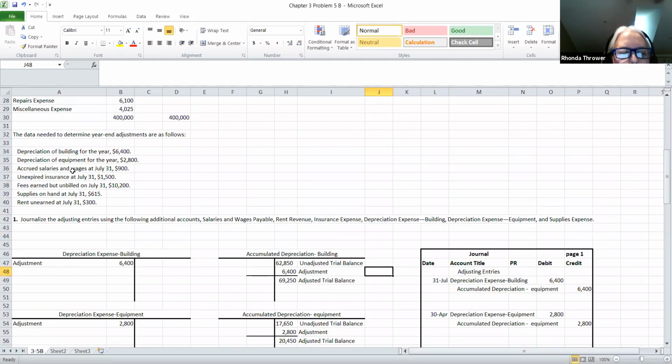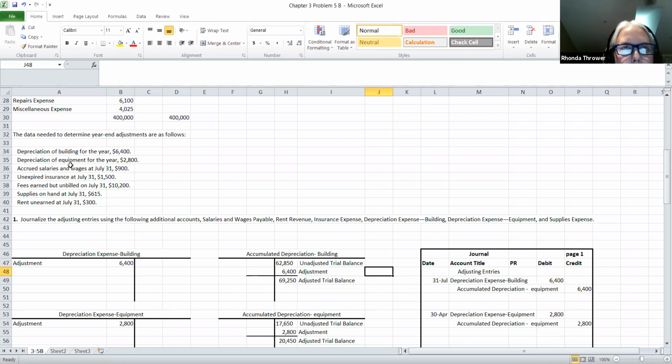So the next adjusting entry just happens to be for depreciation again, but this time it was on our equipment account. Your equipment account is the second plant asset that you will be depreciating in this problem.